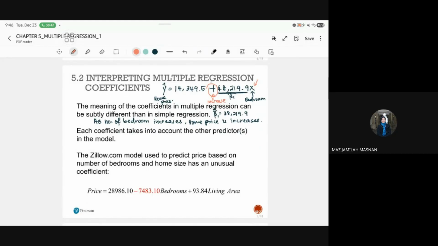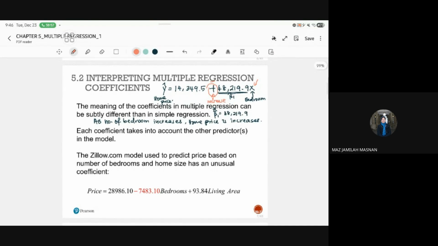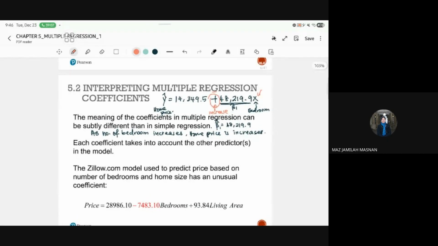If, let's say, here it is negative, then you can say that as X decreases, Y may also decrease, because this value over here is a negative value. Since this coefficient is positive, it will be easier for you to interpret.